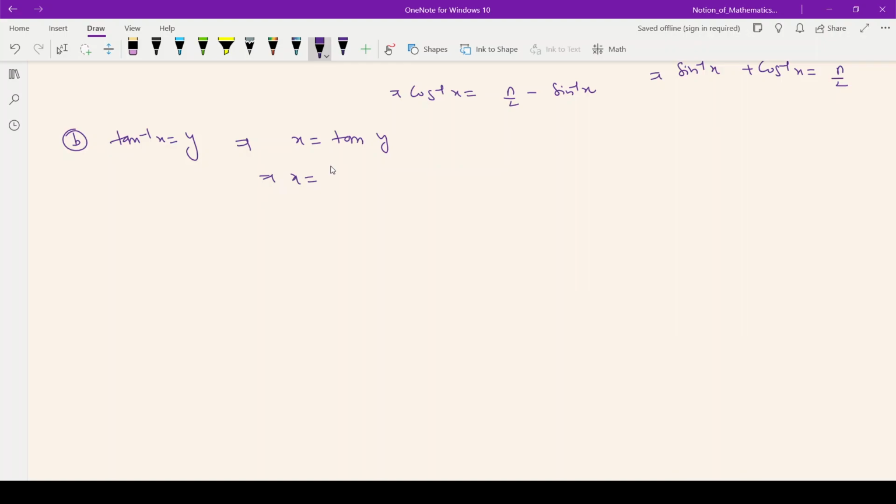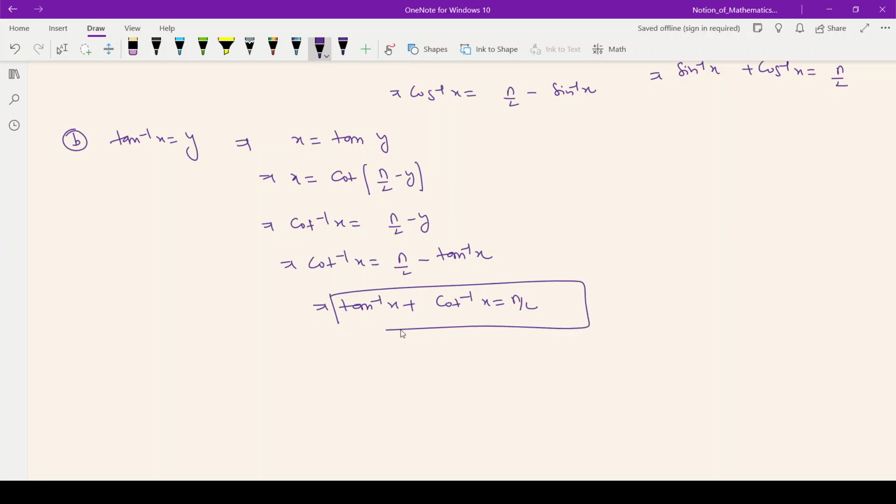It can be written like cot of pi by 2 minus y, or cot inverse x is pi by 2 minus y, or cot inverse x is pi by 2 minus tan inverse x, or ultimately tan inverse x plus cot inverse x is pi by 2. So this second property is also proved.